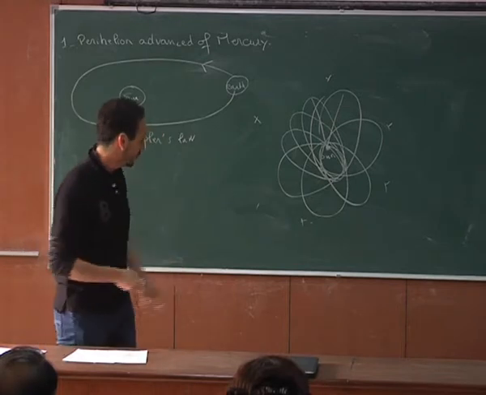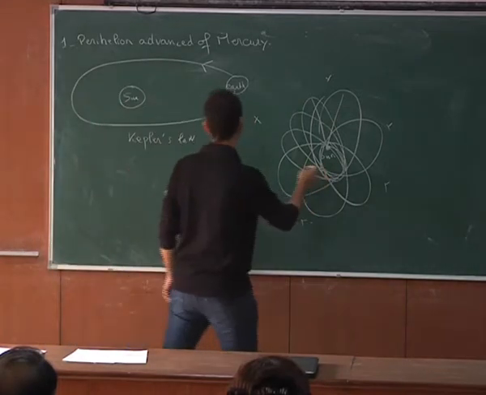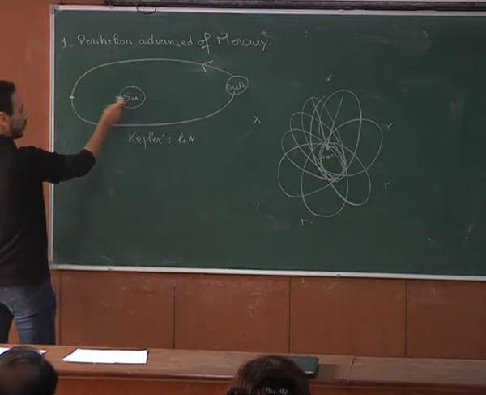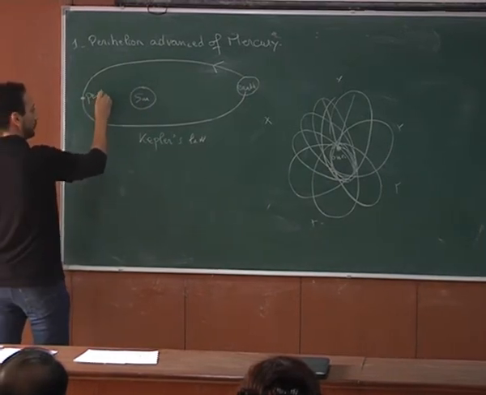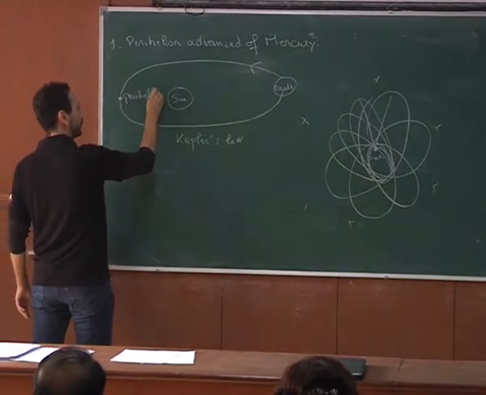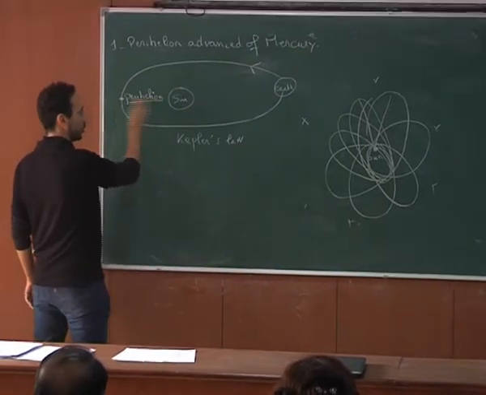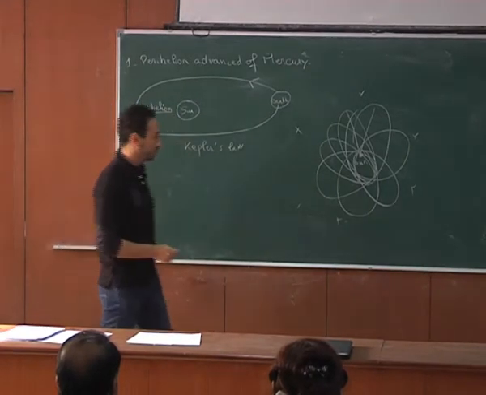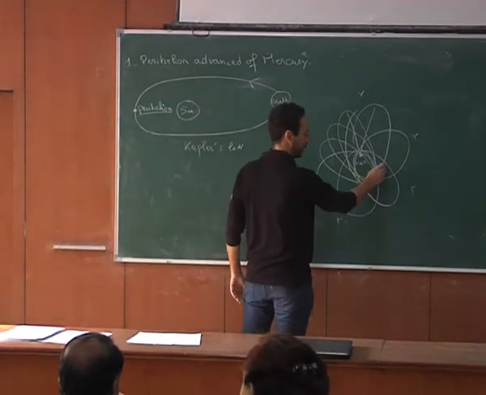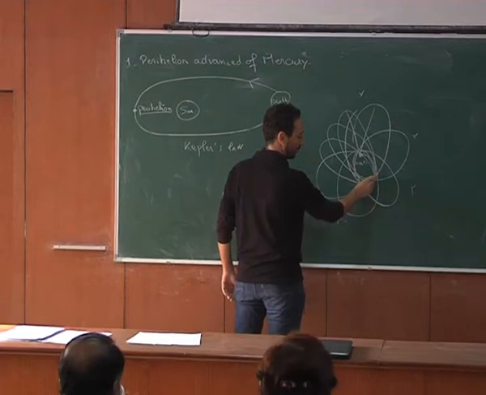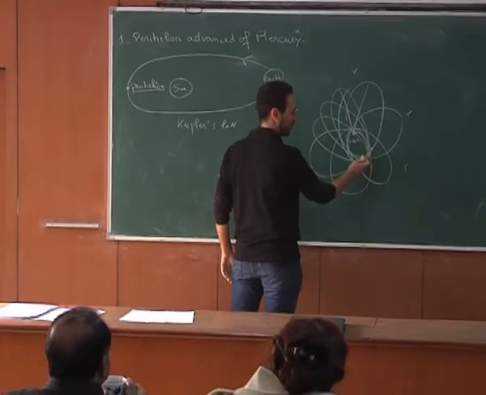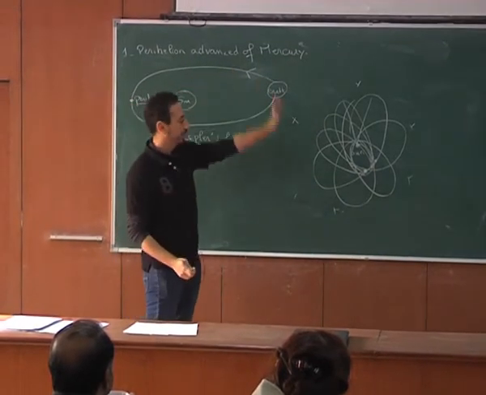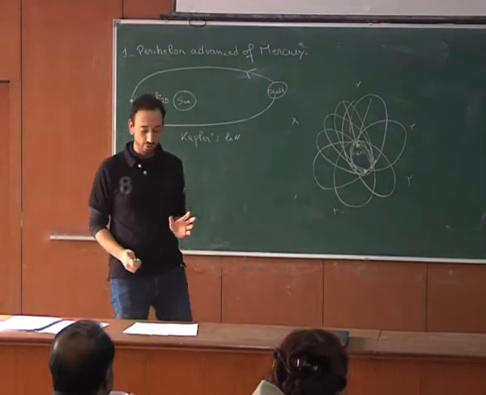The closest point to the Sun is called the perihelion. What we are looking at is how this closest point to the Sun is shifting. First it was here, then it goes here, then it goes here, etc. So this perihelion gets shifted a bit, so you get a rotation of it.